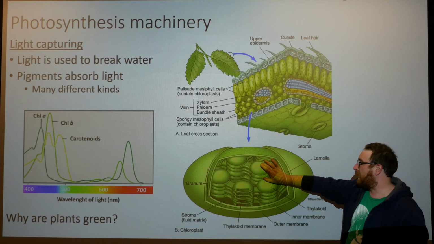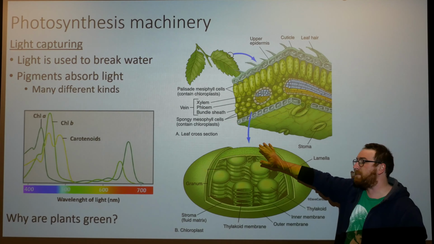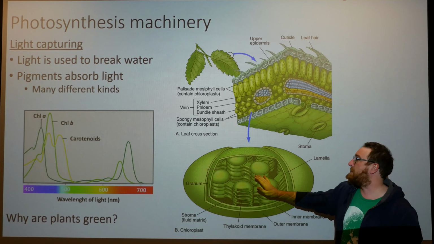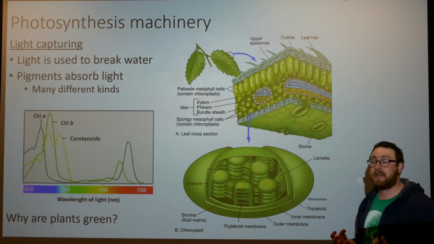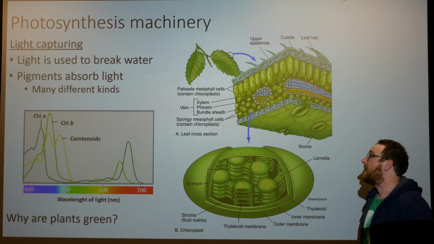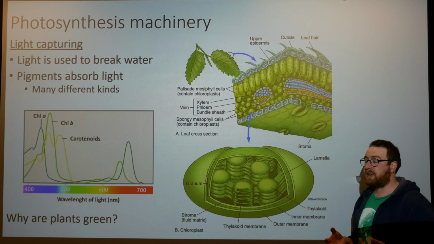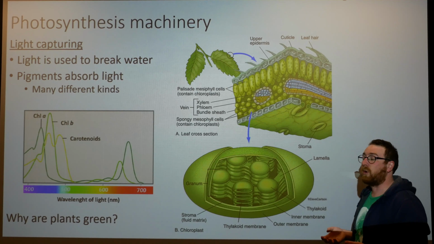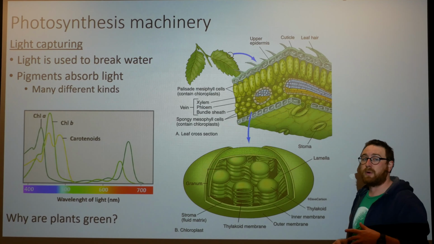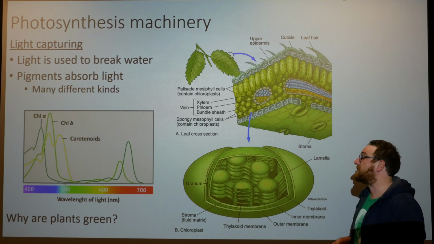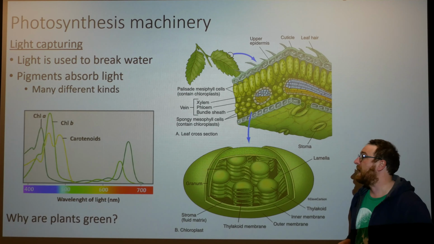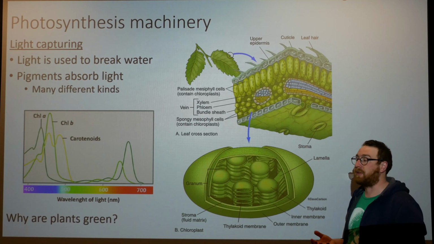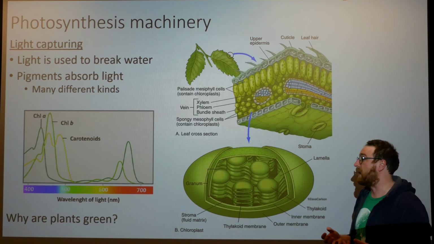And in this, they have structures that are stacked to maximize light coming in and then bouncing off and breaking these H2O molecules. And again, plants are unique in that they have very specific chlorophyll to do that. Chlorophyll A, which is common in a lot of eukaryotes, but that special chlorophyll B, and then also they can have lots of other pigments, such as carotenoids and whatnot.